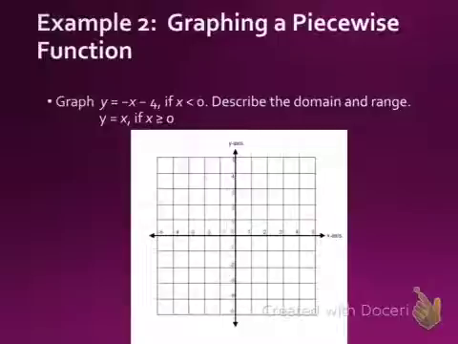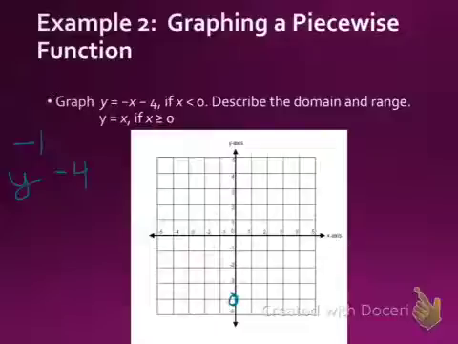But let's look here. We have a slope of negative 1, and it crosses the y-axis at negative 4. But the thing you've got to remember about this at negative 4 is it can't actually be equal to it. So we're going to put an open circle at negative 4.